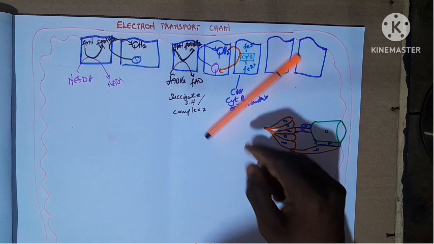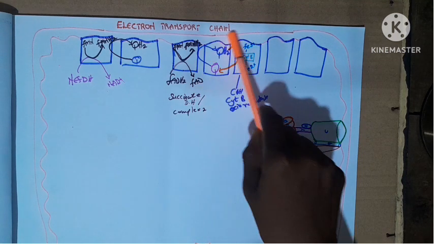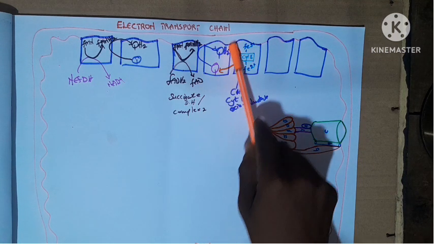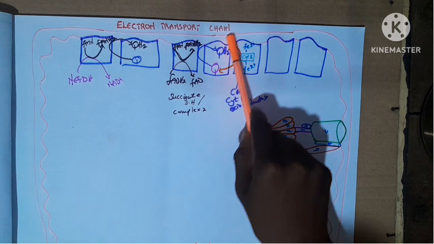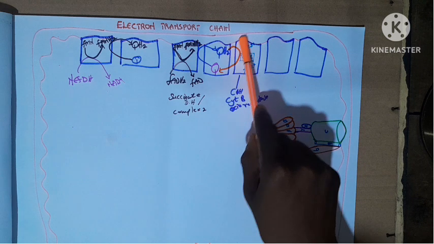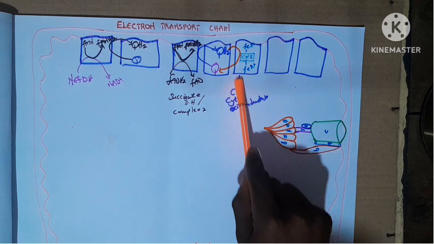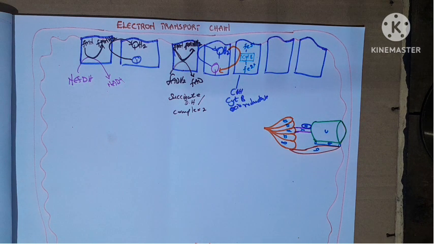So when QH2 reacts with this cytochrome b, it gives electrons to this Fe3+, and then this Fe3+ will get converted to Fe2+.